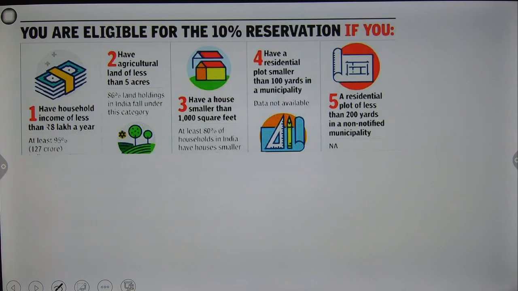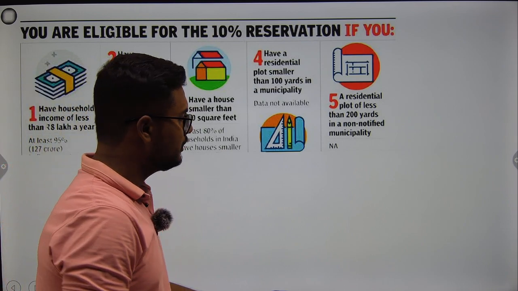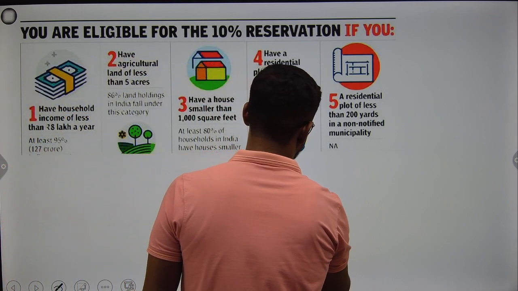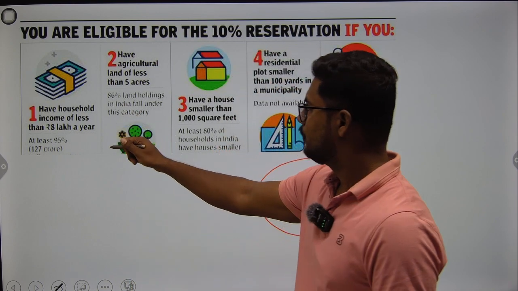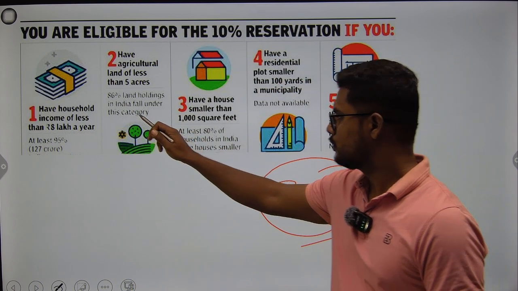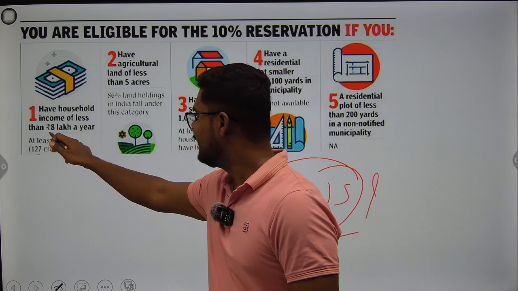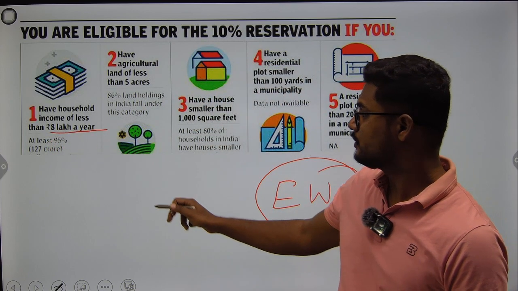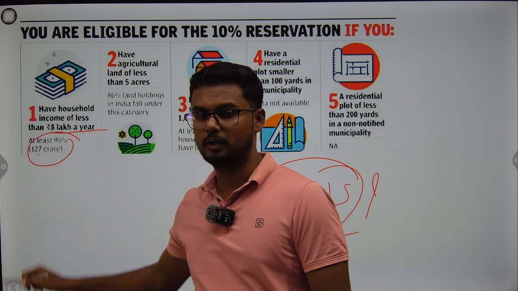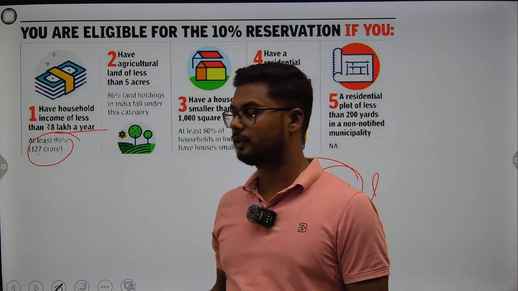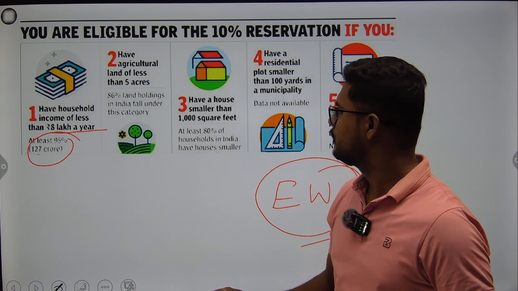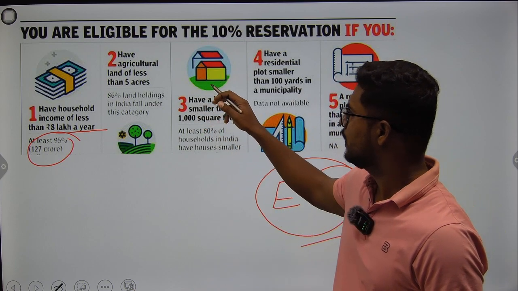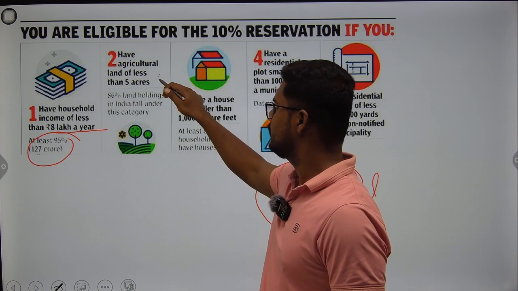Right? Then, based on what criteria is EWS reservation decided? First one, the beneficiaries should have a household income of less than 8 lakh a year. At least 95% or 127 crore of Indians fall under this criteria and become eligible. But that is not it. Second criteria is they should have agricultural land of less than 5 acres.